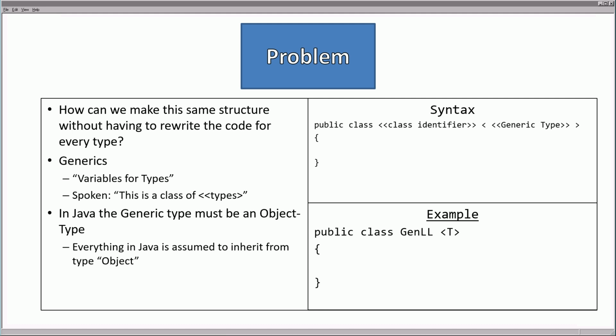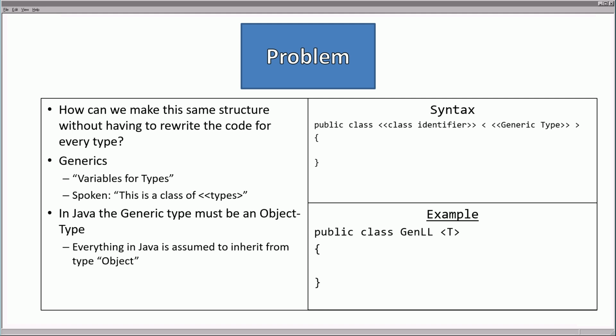The syntax of using a generic, you would first define the class, and then after that you would use these angle brackets and then put the variable that's going to correspond to this generic type. So if we were going to define a generic linked list class, what we would do is set up a public class generic linked list, and inside of the angle brackets, this is the variable T for the type.